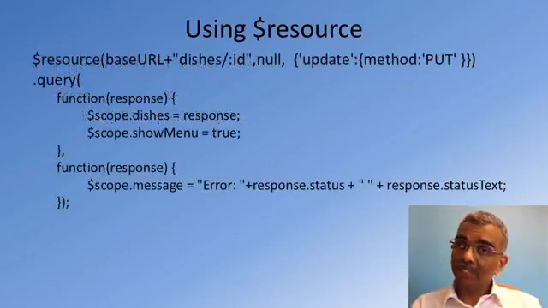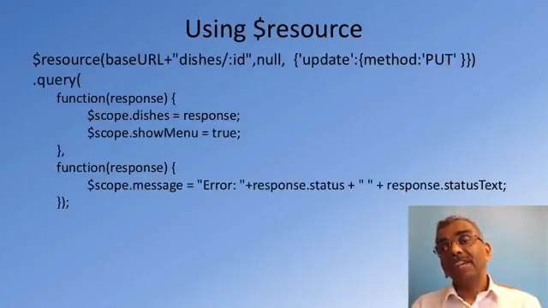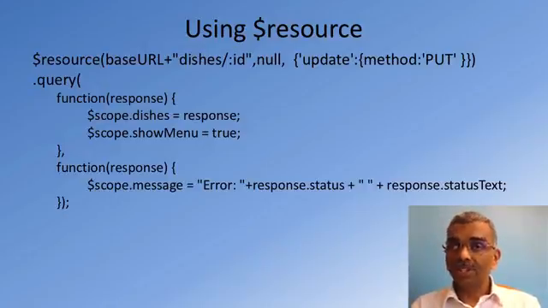Some of the resource methods take both success and error functions as parameters. As you see in this example, the query method is taking both a success function and an error function. If the request doesn't succeed, then the error function will be called. If the request succeeds, then the success function is going to be called.